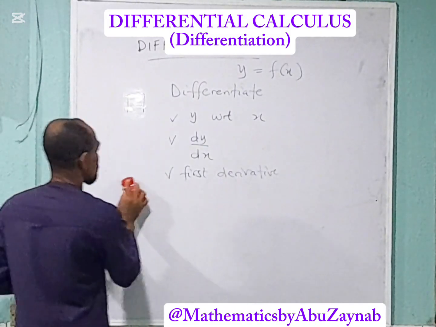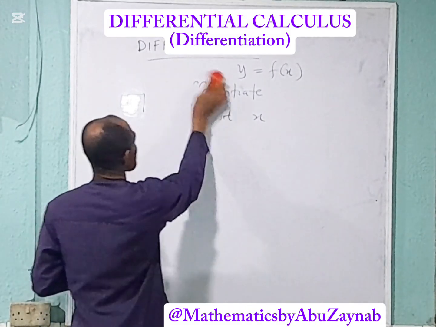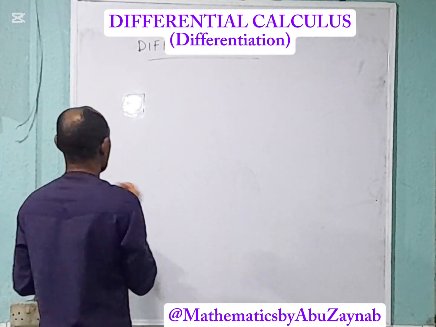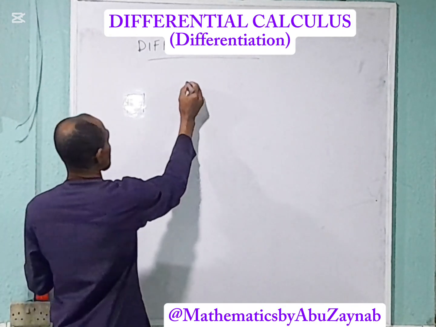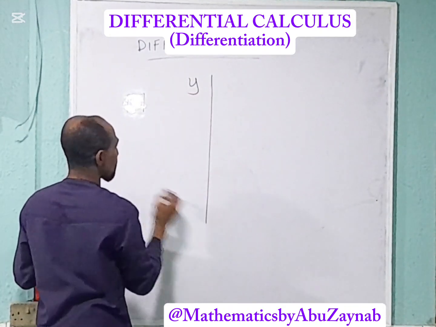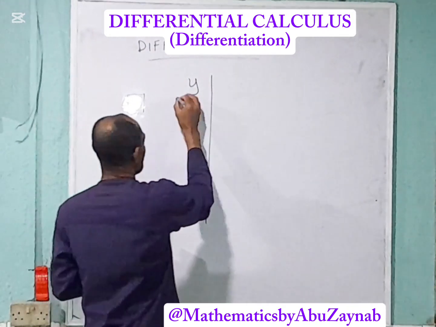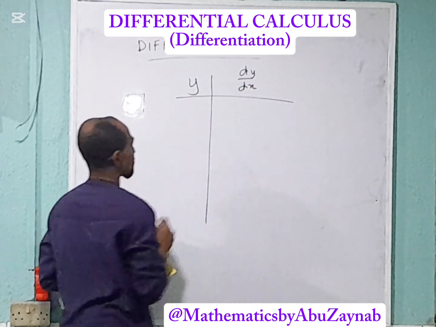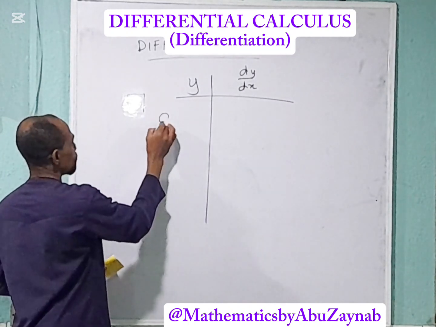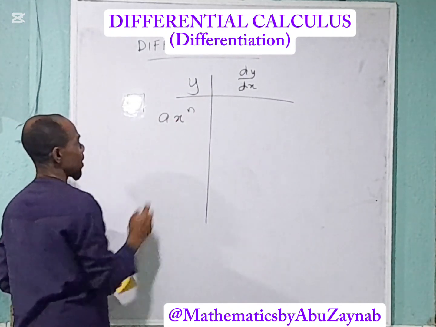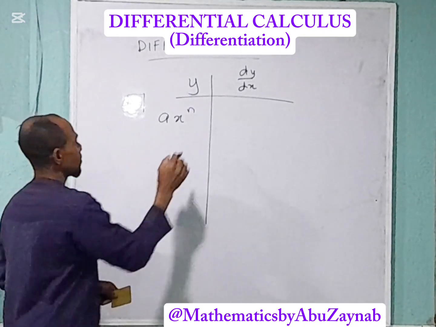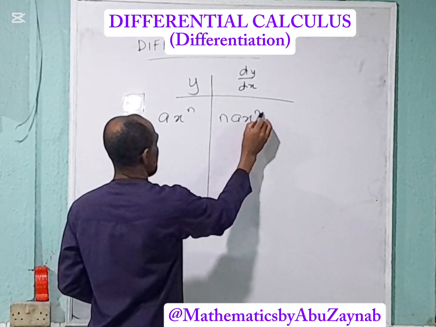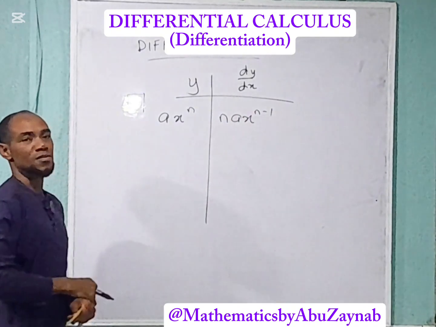So, to start with, we look at a simple table of basic differentiation. Here we have, if you have y as our function in terms of x, what will be the corresponding dy dx? To start with, we have the algebraic expression ax to the power of n. Here, we are going to have n times ax power n minus 1 after differentiating.